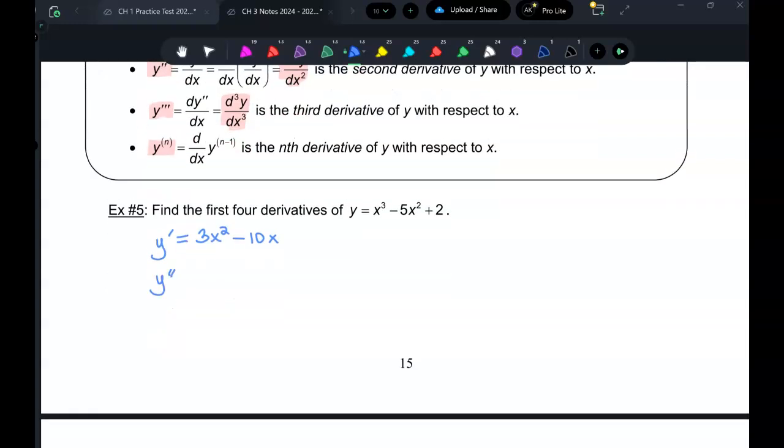I'll go with the second derivative. 6x, good. So we just take that previous answer, and now the third derivative is just 6. Now, fourth derivative is where we're going to put the little 4 in parentheses.